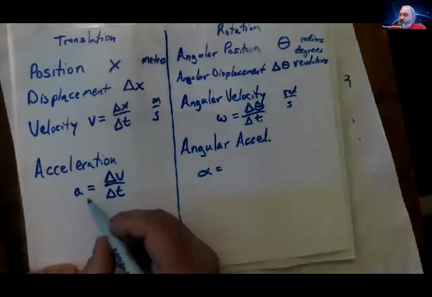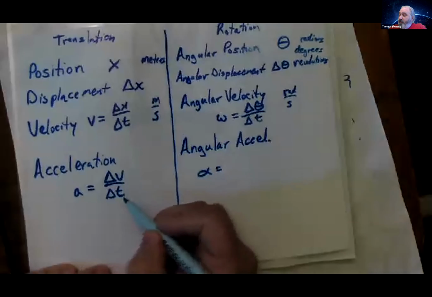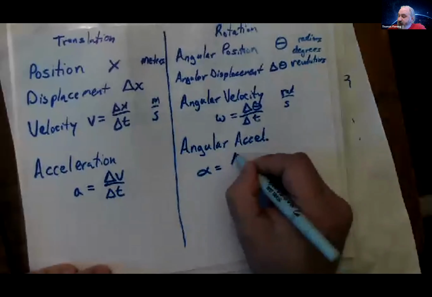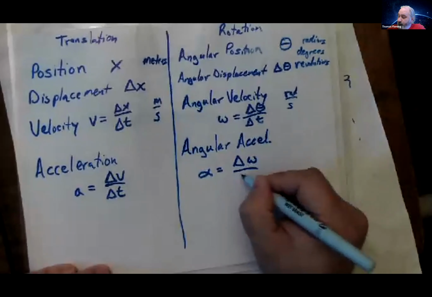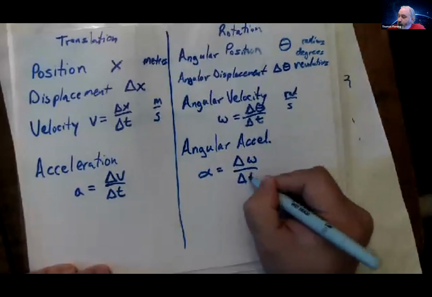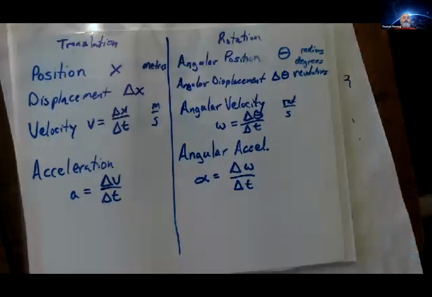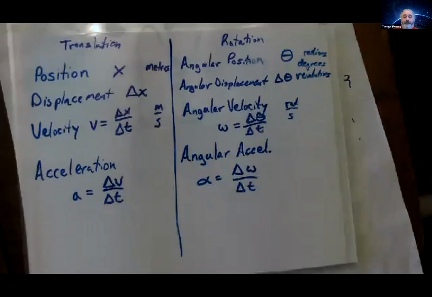If this is the change in velocity over time, this is going to be the change in angular velocity over time. So if your angular velocity is changing, you have an angular acceleration. So if your object is spinning, but the rate it spins with is starting to speed up or slow down, it has an angular acceleration.